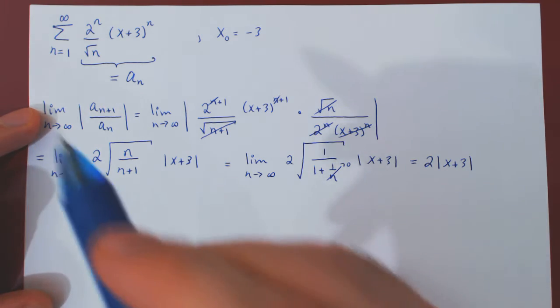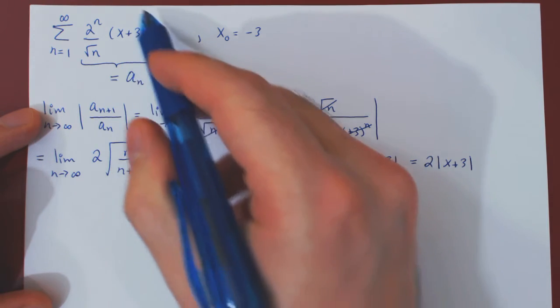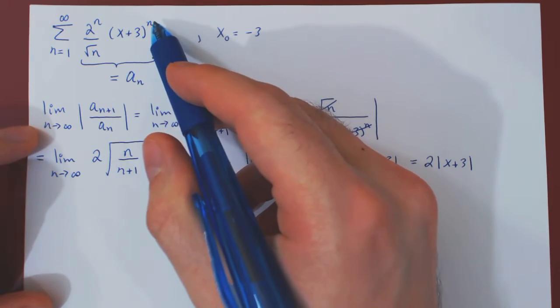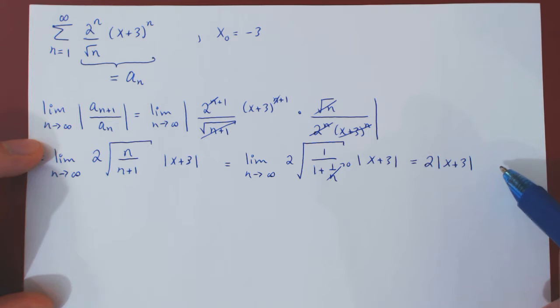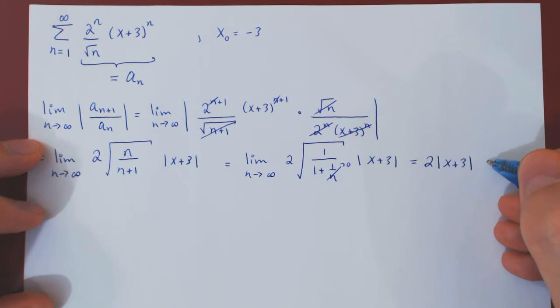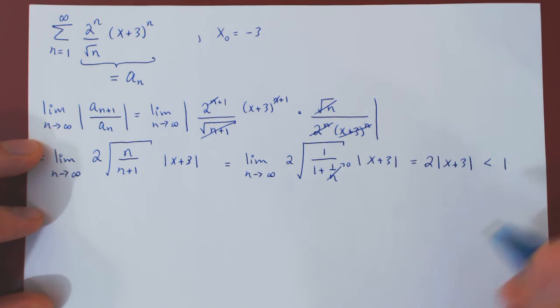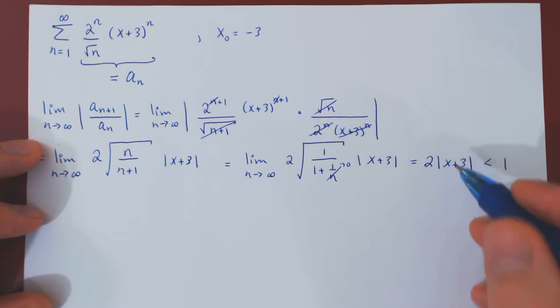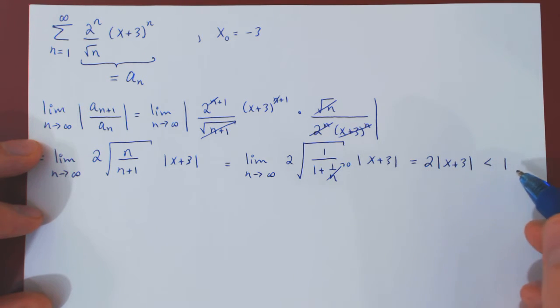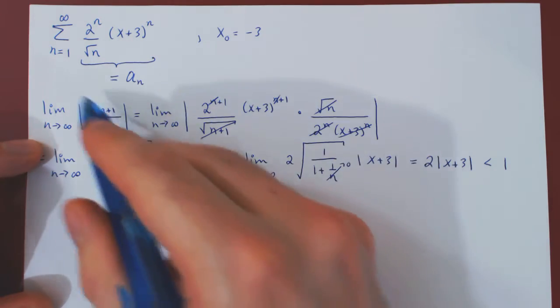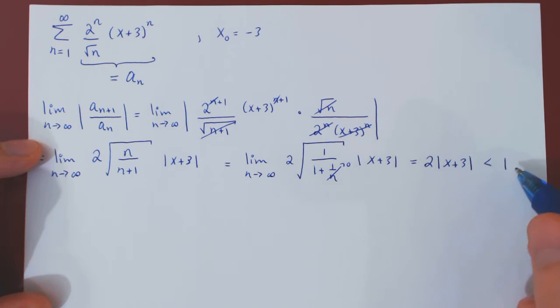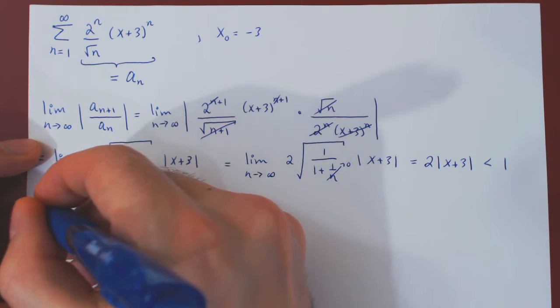Well, remember, we are trying to find all values of x for which the power series converges, so we need that this limit be less than 1. Strictly less than 1. This is when the ratio test returns absolute convergence. So if we can find all values of x that satisfy this inequality, then the power series will converge absolutely from the ratio test. So we can now isolate for x.